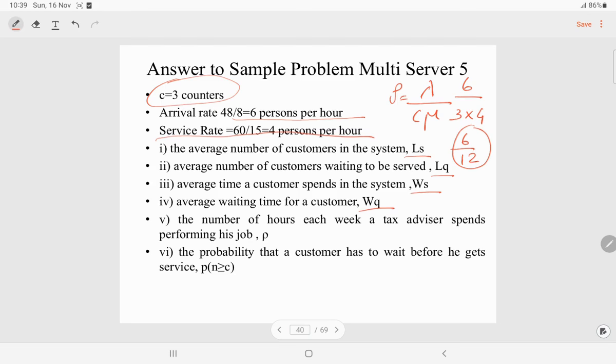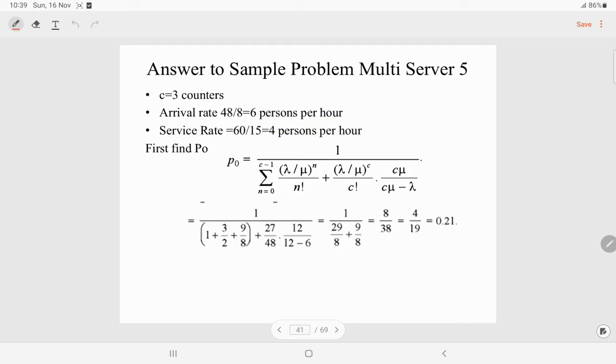For that, first of all we need to find out P0. So from here we can find out the equation. As I told, this is the first term, 1 divided by lambda by mu, that is 6 by 4, raised to n is equal to 0 in the first case. 0 divided by 0 factorial is actually 1.